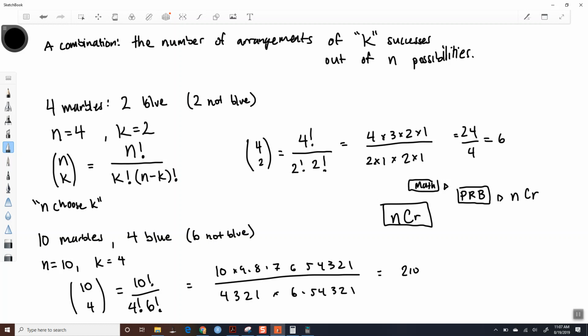You can try 10 nCr 4 and see if it gives you 210. And if you don't, you can always use the factorial, where you just multiply all the numbers down.